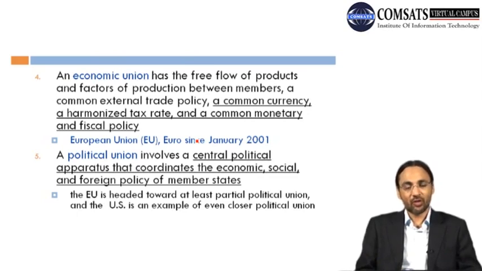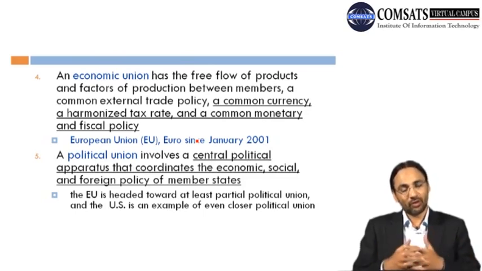Political union involves a central political apparatus that coordinates the economic, social, and foreign policy of member states. The important thing is that on the basis of political union, they are cooperating with each other.